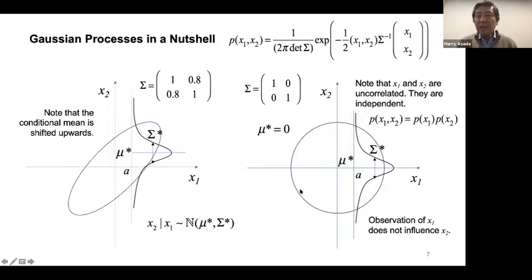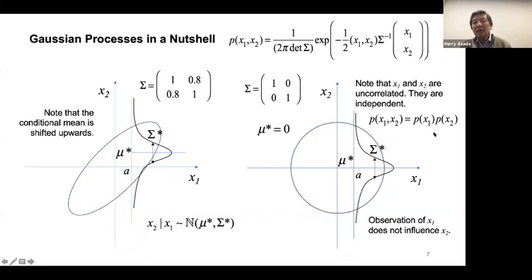Now, let me show you a counterexample. If instead x1 and x2 are not correlated, like this, with 0, 0 here, okay? Putting this in, the term becomes x1 squared plus x2 squared, right? So the exponential can be split into two terms. It turns out this joint Gaussian probability can be decomposed into p(x1) and p(x2). They are basically independent.